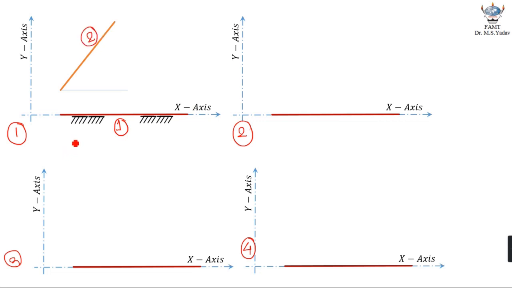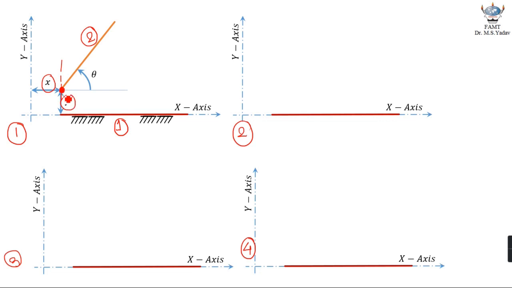Now in order to define position of this link number 2 with respect to fixed link number 1, how many independent input parameters are required? Let's check it out. In order to define position of this point, I am in need of its coordinates, which is x and y.